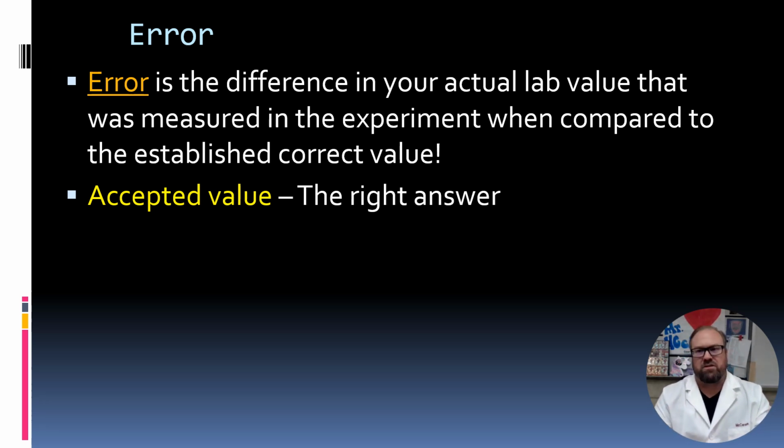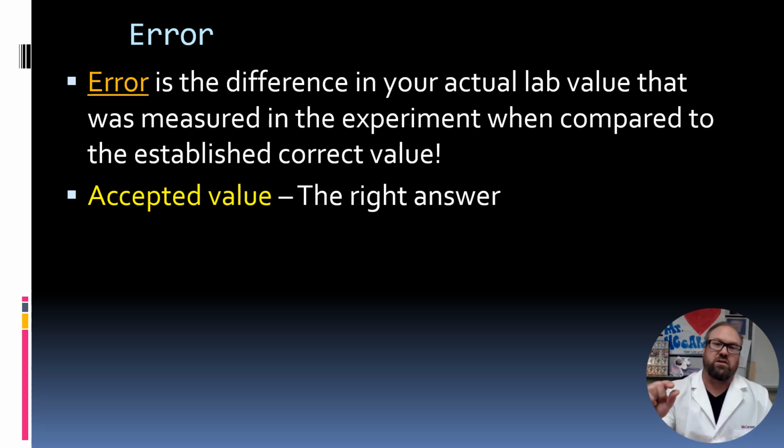Error can absolutely be minimized, especially given the experience of the scientists and their talent and skill working within a specific discipline, and also the equipment. The nicer, more high dollar, very sophisticated equipment tends to help minimize error. But make no mistake, error is going to occur in all labs across the earth that humans partake in and even beyond. It's usually unavoidable.